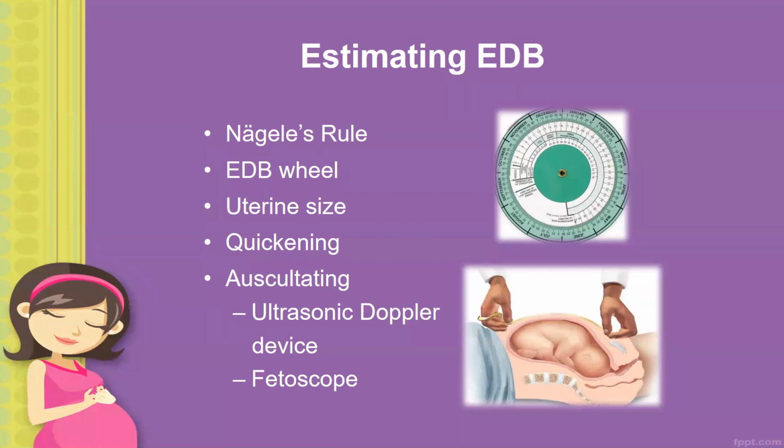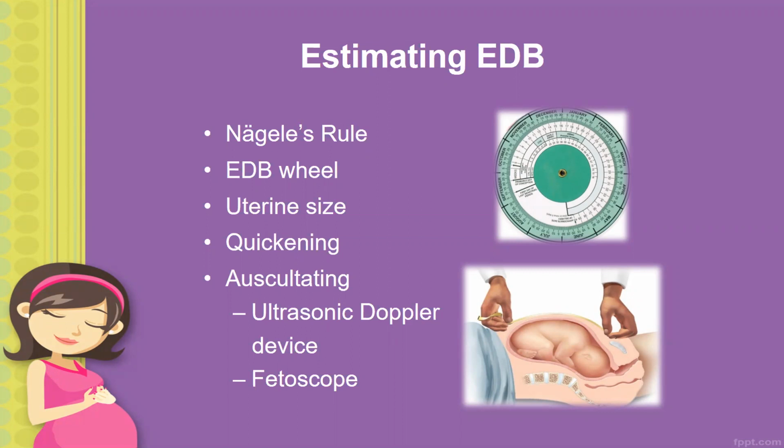You calculate the due date assuming 280 days gestation. The rule has you add 1 year, subtract 3 months, and then add back 7 days to get the estimated date of delivery.